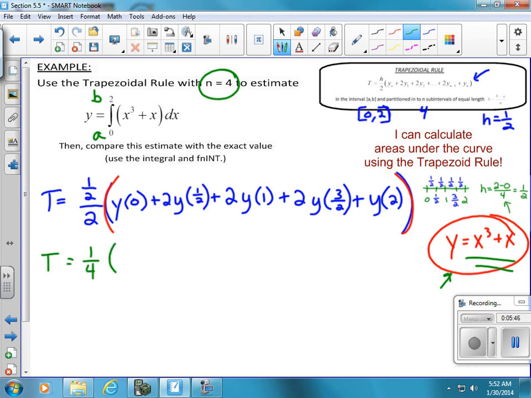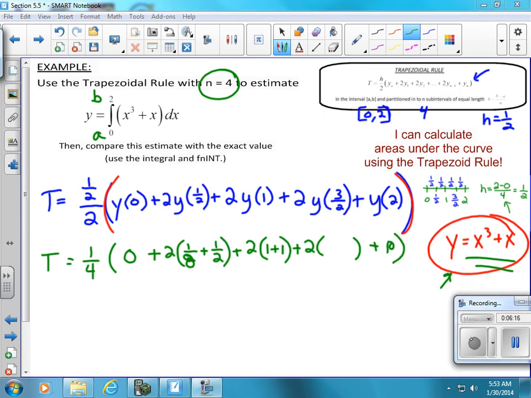And let's write in the value: y at 0 is equal to 0, plus 2 times y at 1/2, which is 1/8 plus 1/2, plus 2 times 1 plus 1, plus 2 times something, plus 10.